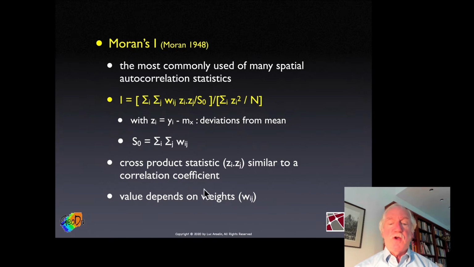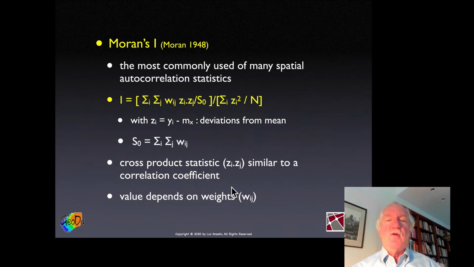Because it is so similar to a Pearson correlation coefficient, it's often the autocorrelation statistic that is used, but that doesn't mean it's necessarily the most powerful or the most insightful. It is related to a linear relationship between the value at a location and its neighbors, something that we'll revisit in the second set of slides, where we'll look at the visualization of global spatial autocorrelation.